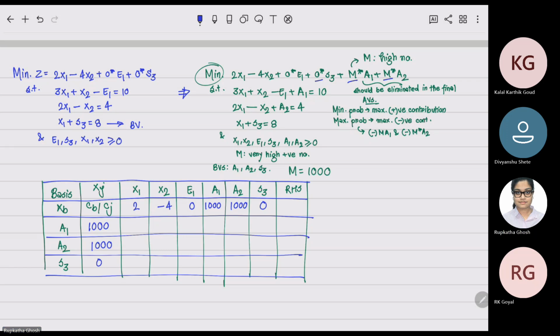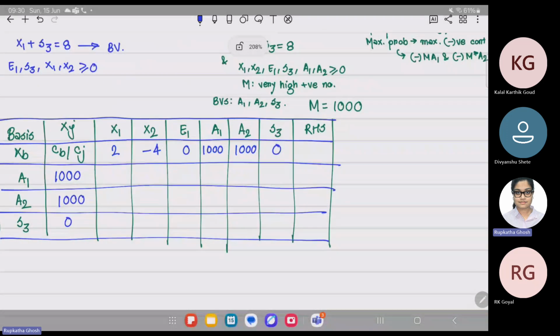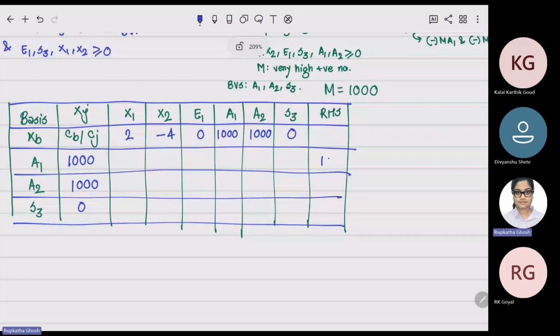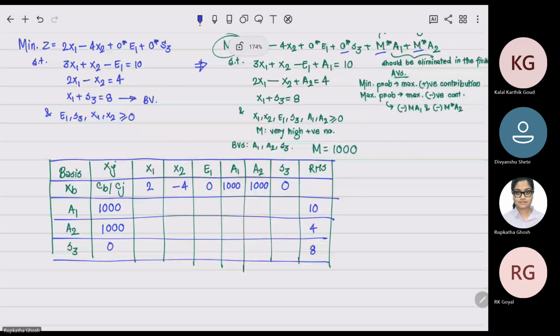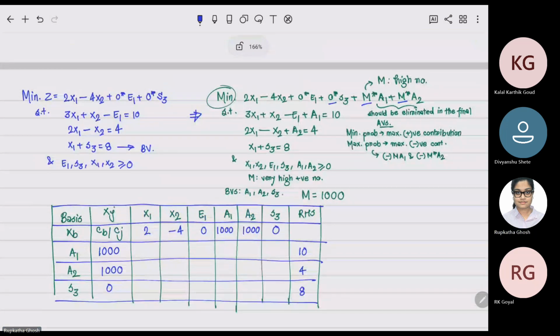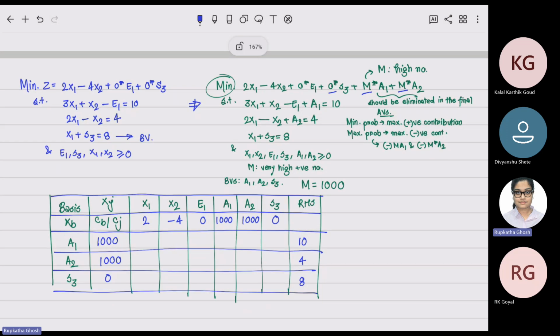Now, what are your right hand side values? That is why I was saying that you have to have right hand side values positive: 10, 4, and 8. Right? Okay. How do you fill up the rest of the table? These are nothing but your coefficients in the constraints.